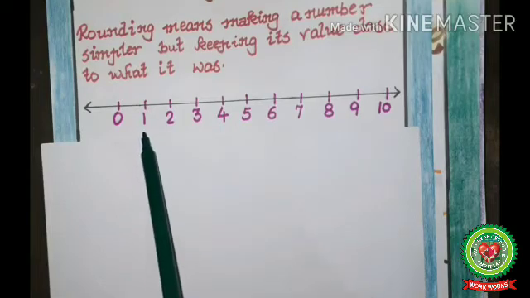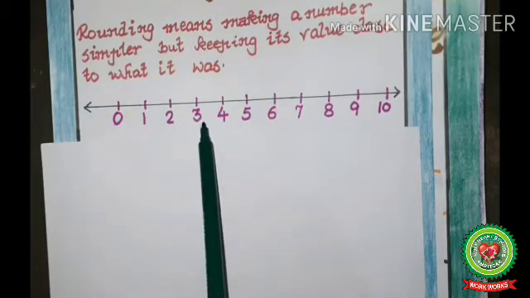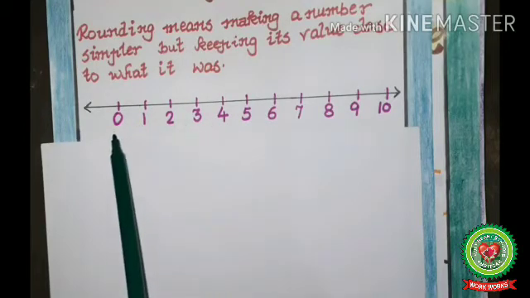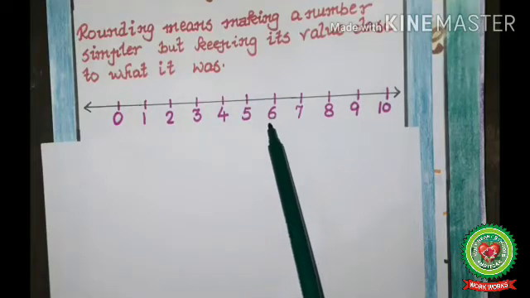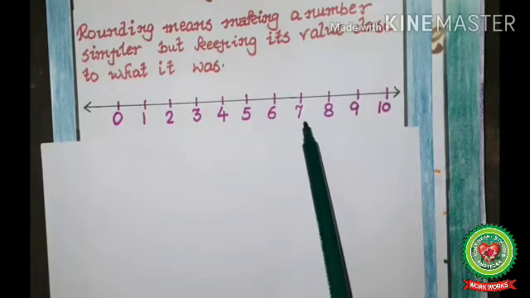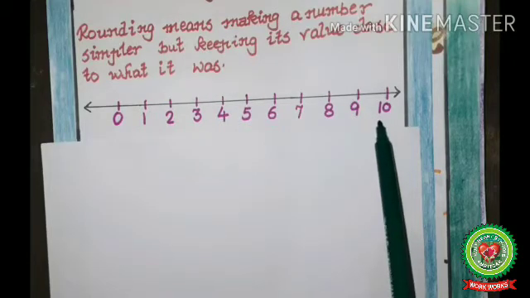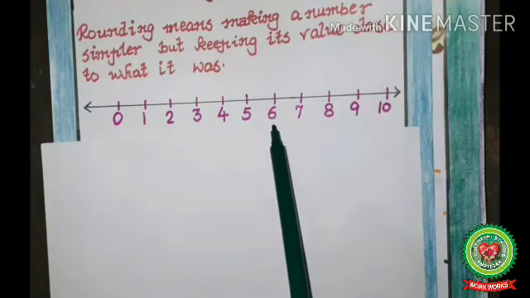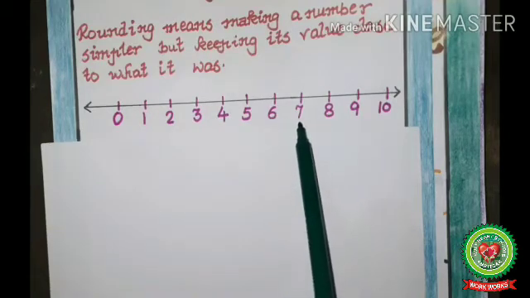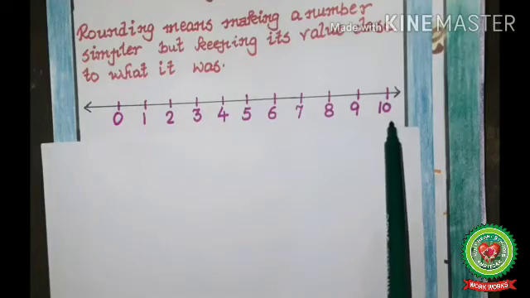So, we round off 1, 2, 3 and 4 as 0. In the same way, numbers 6, 7, 8 and 9 are nearer to 10 than 0. So we round off 6, 7, 8 and 9 as 10.